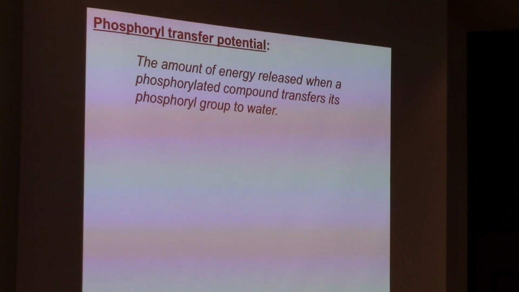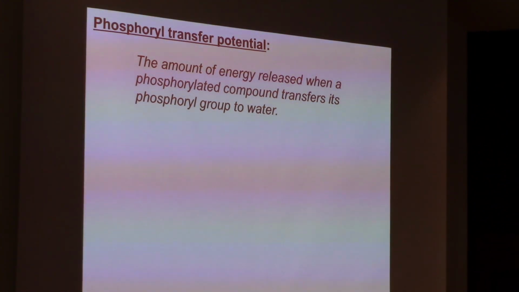The reason is that, remember, all of the intermediates in glycolysis have phosphates. So we like to think about the energy of hydrolyzing those phosphates, of pulling them off, and phosphoryl transfer potential allows us to do that.